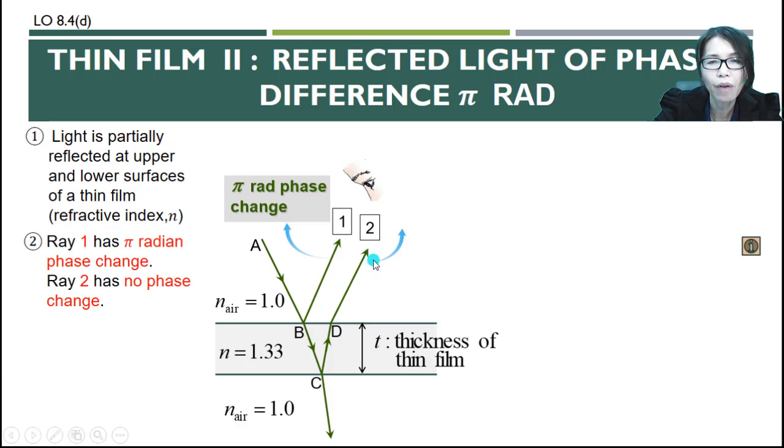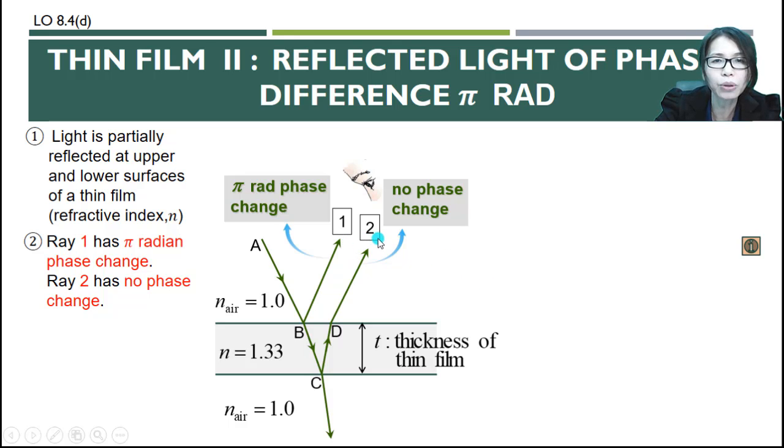But for reflected ray 2, there will be no phase change. Why? Because when ray 2 reflects at point C, it is reflected when it travels from denser to less dense medium, so there will be no phase change.